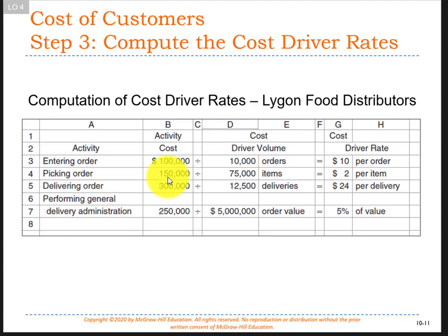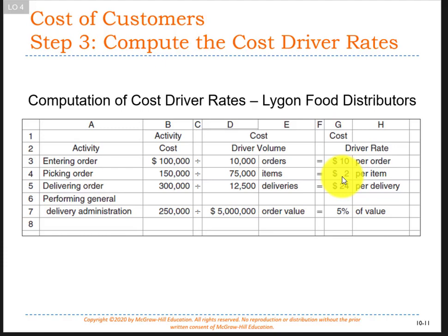Okay, so it costs $150,000 to pick that, and we estimate that would be 75,000 items. That's $2 per item. So on top of entering the order, $10 per order, each item on that has to be picked off of the floor, and that's $2 per item.